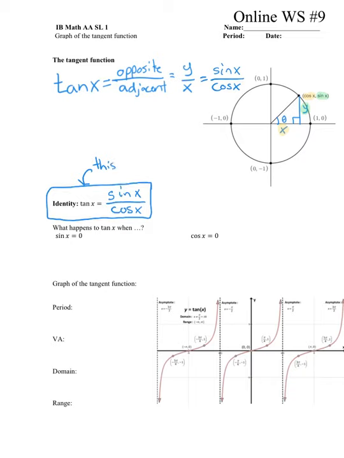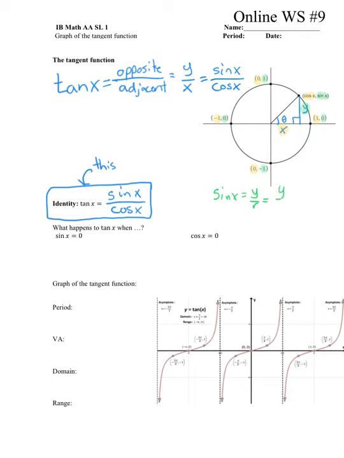A few important things to remember here are that the sine function is always going to represent all of the y values on a unit circle like this, and the cosine function is always going to represent all of the x values. So it's fair to say that sine of x is always going to be y over r, which we've discussed before.